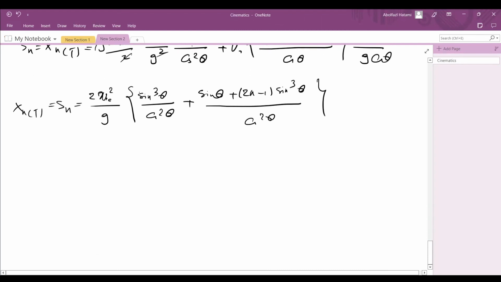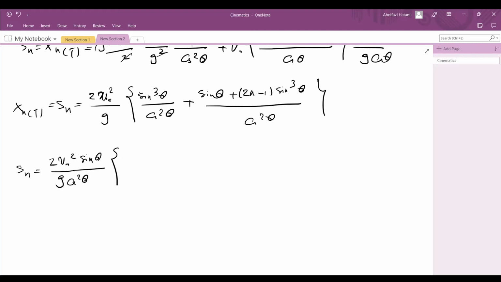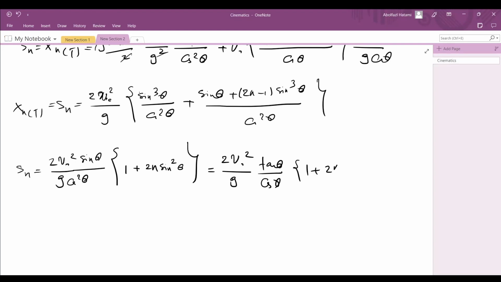If we simplify this, Sn is going to be 2 v0 square divided by g, times sine square of theta over cosine of theta, and I can factor the term sine theta, giving 1 plus 2n. Yes, and actually I can say it is tangent theta divided by cosine, times 1 plus 2n. Okay, this is actually Sn.